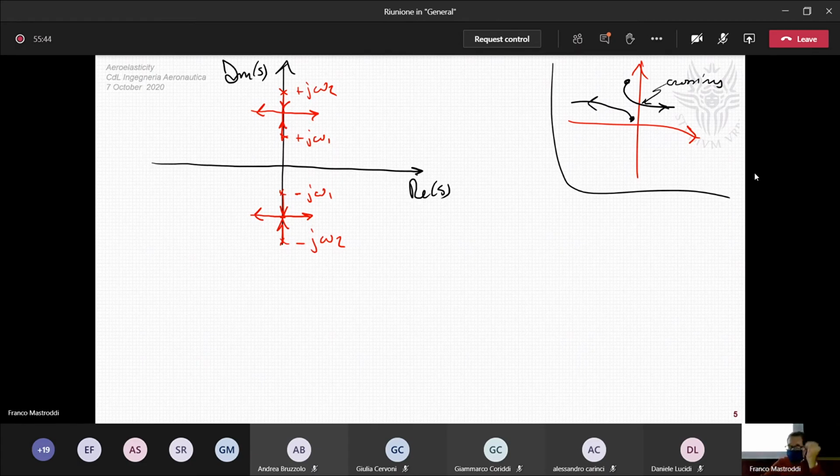And therefore, what we have called the critical value for lambda, also known as the coalescence value of lambda, is also the flutter value for lambda. Because it's the critical value of the parameter such that for values higher than this parameter, we have a complex conjugate pair of poles with positive real part. And so this is the flutter limit value in our case.